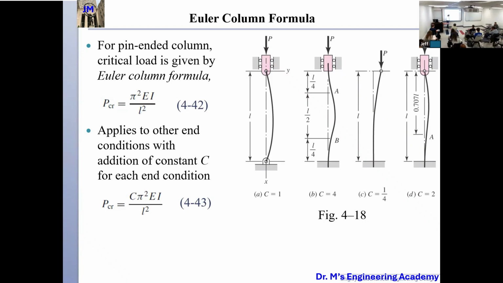For the other three cases, it depends upon the end conditions, and then we select C. As I said, PCR is the critical load at which the structure loses stability. If we have these case scenarios, we can use this equation to calculate PCR.